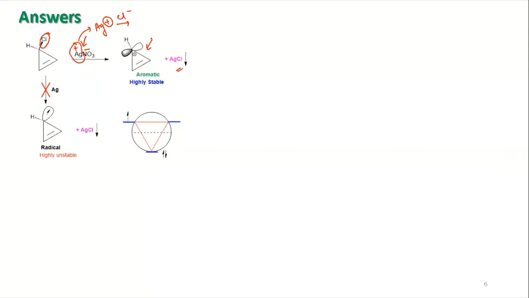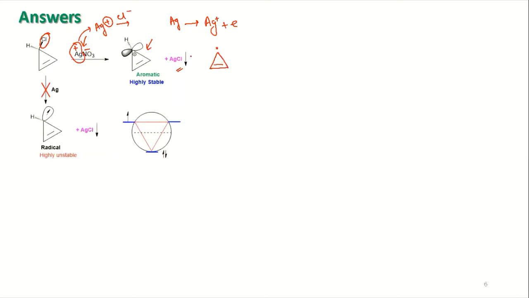But if you give the silver, what is the job of silver? It can undergo an oxidation reaction. It can give off an electron. Got it? So here, if you try to react with silver, what will be your intermediate reactive species formation?